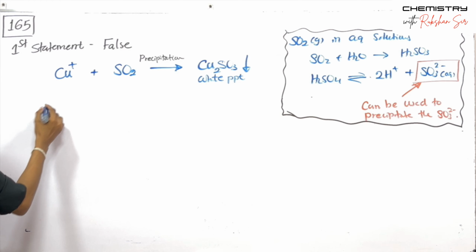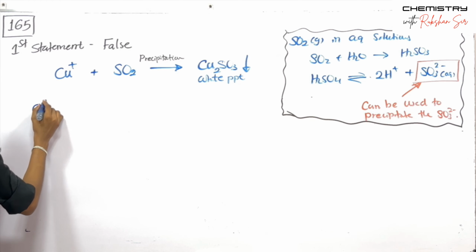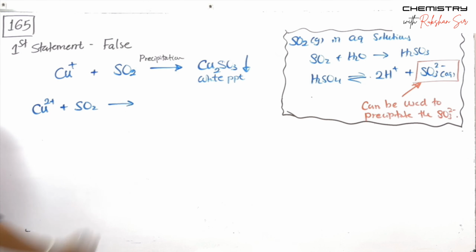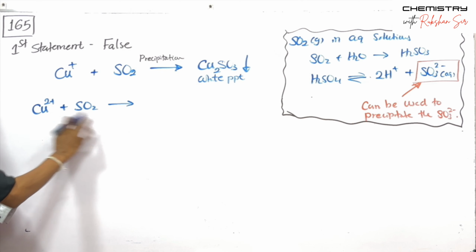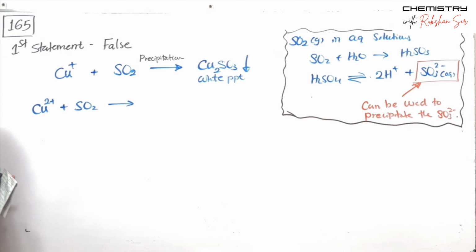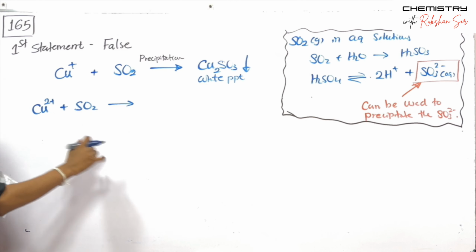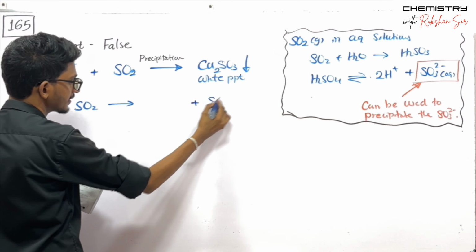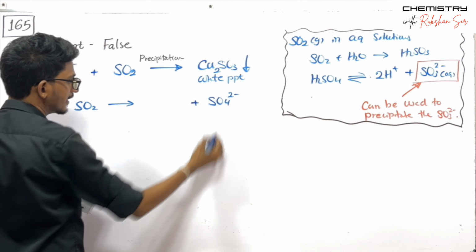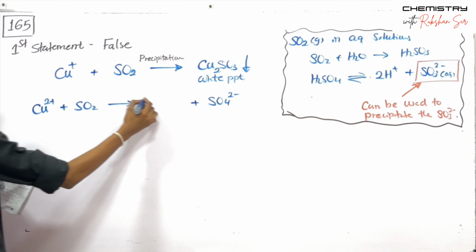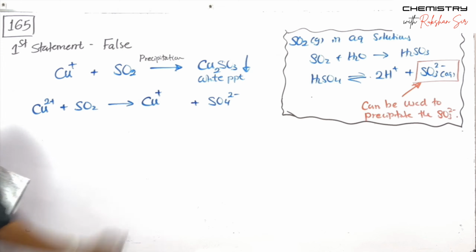So what happens with copper 2 plus? Here, copper 2 sulfite is not a precipitate possible. What happens is, the SO2 gets oxidized to SO4 2 minus. While that happens, this copper 2 plus gets reduced to copper 1 plus.